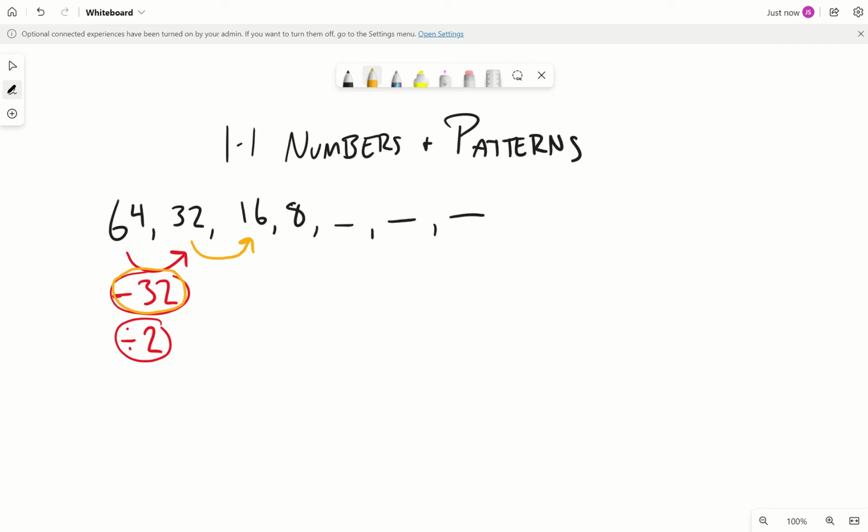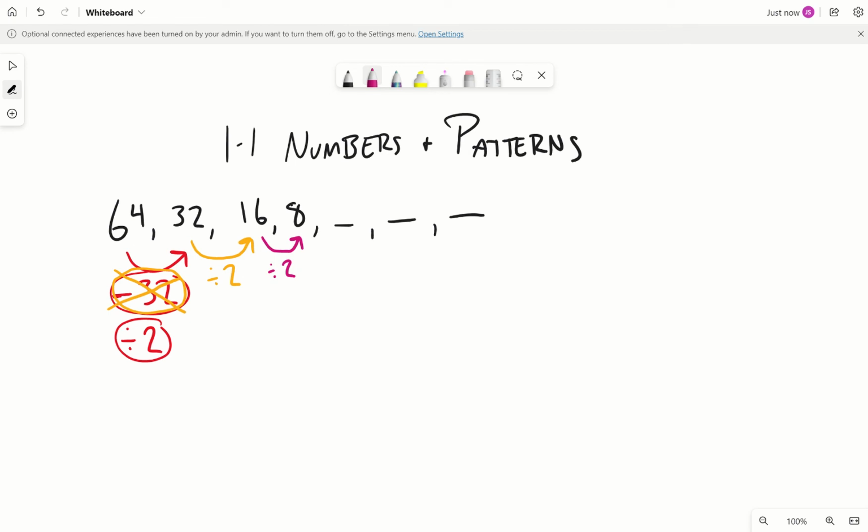Am I still taking away 32? 32 minus 32 is not 16. So that can't be my pattern. But I am still dividing by 2. 32 divided by 2 is 16. And we can continue that. That can still continue through here. We go 16 divided by 2 equals 8.